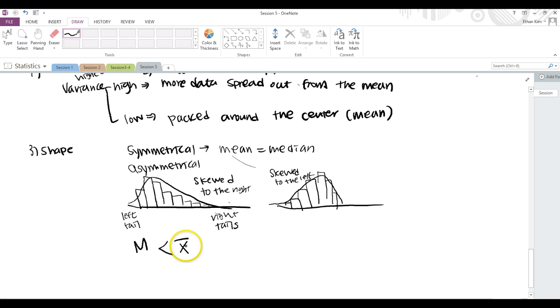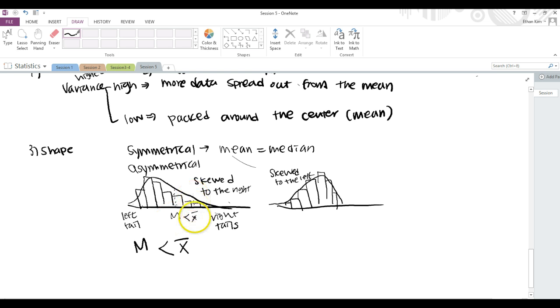Why? Because x bar always follows the tail. If you have the data on the right side, then it goes along with the tail. So, for example, if the median is somewhere here, the mean will be somewhere here, because it follows the tail.